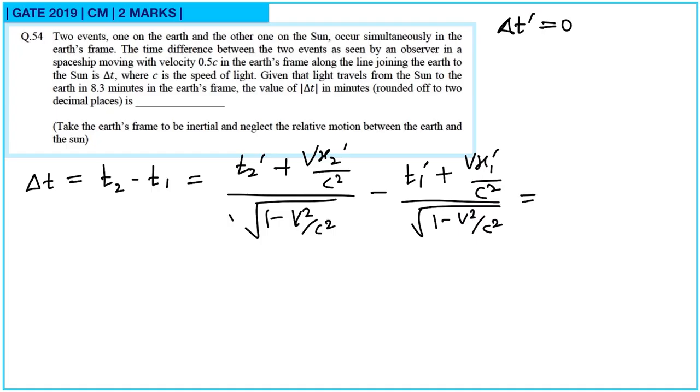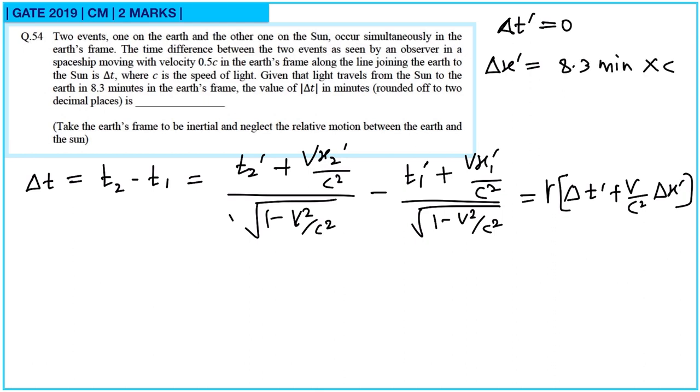Now this part is gamma, so gamma into delta t dash plus v by c square into delta x dash. So that will give us delta t. Here delta x dash is, the time taken is 8.3 minutes, so delta x dash is 8.3 minutes into c, because light travels with speed c.